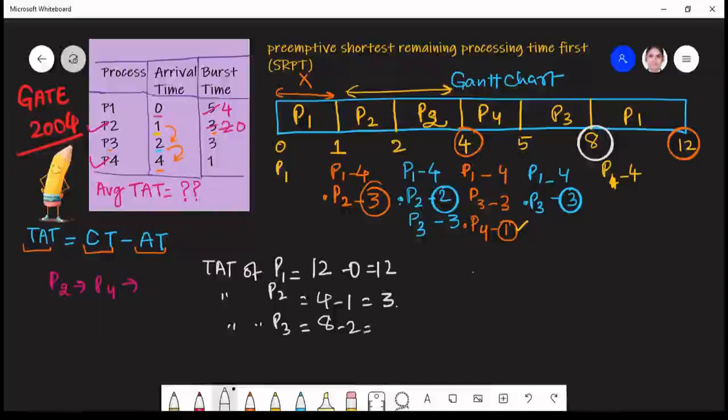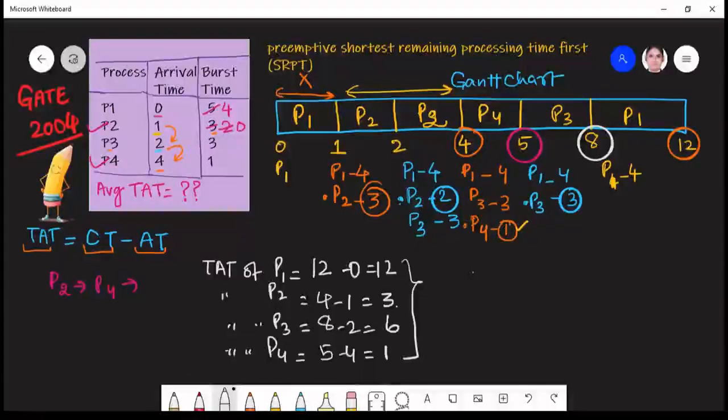So 8 minus 2 is 6, right? Turnaround time of P4: P4 completed its execution, as you can see from here, at 5 and the arrival time is 4. So we will be subtracting that. 5 minus 4 is how much? 1. So these are the individual turnaround times of all the processes.